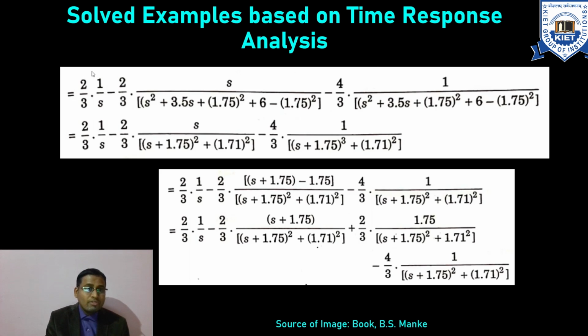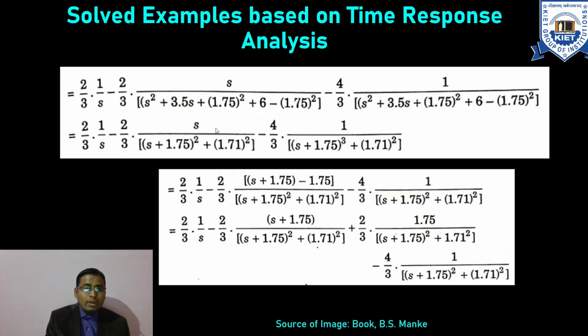Look, the first case as it is, we are not changing anything. In the second case where the quadratic equation is available, and also in the third case where the quadratic equation is available, we are doing some changes, just called a hit and trial method, to perform in the existing format. So what we are doing? Adding and subtracting 1.75 square here.